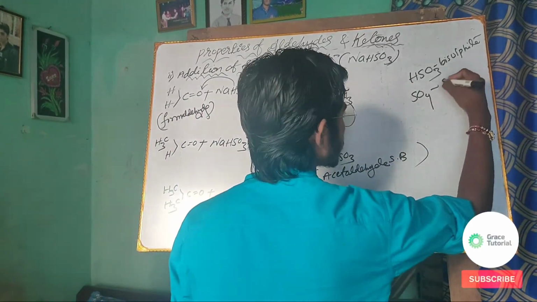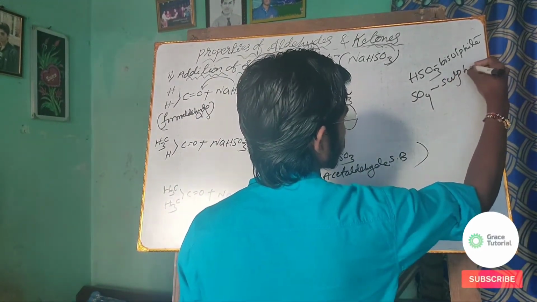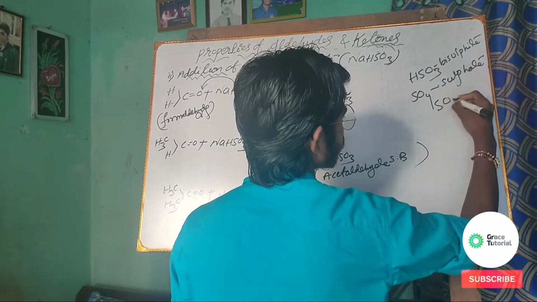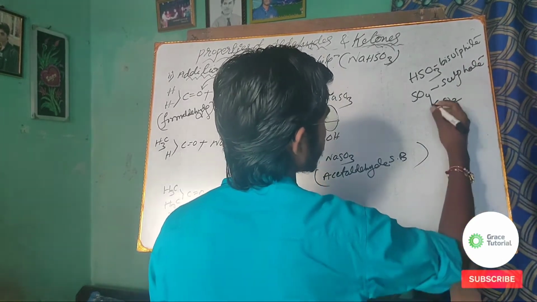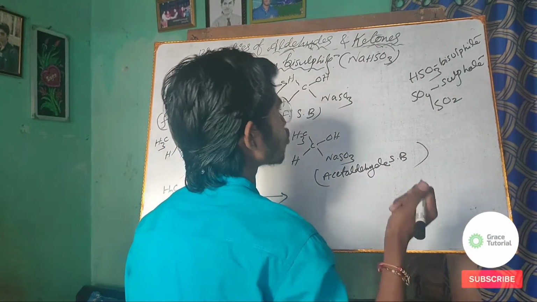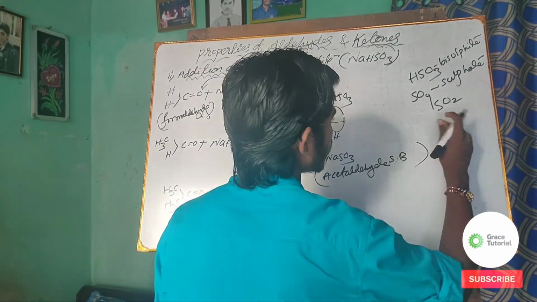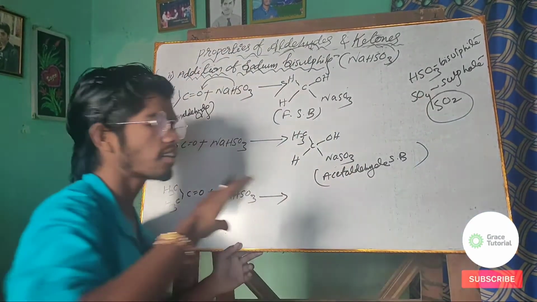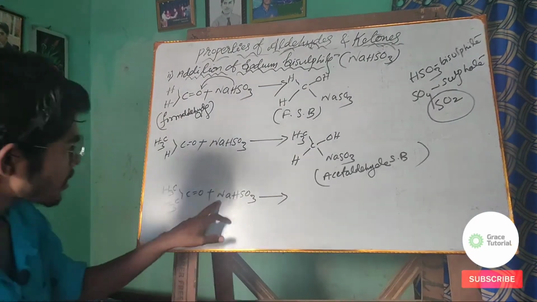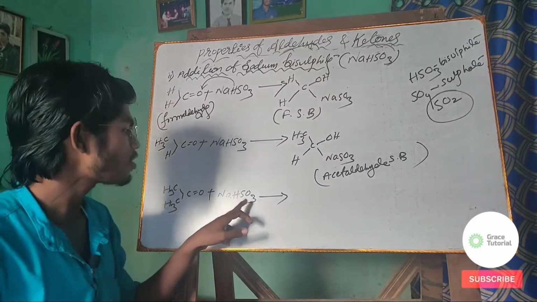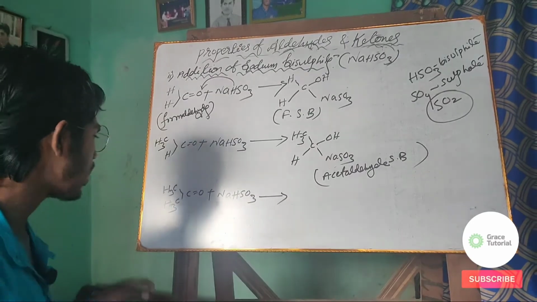If SO4 is there, then we say sulfate. If SO2 is there, then sulfur dioxide. If SO3 is there, we can also say sulfur trioxide. In this way we can use the various names. So this is NaHSO3, sodium hydrogen sulfite, or sodium bisulfite.